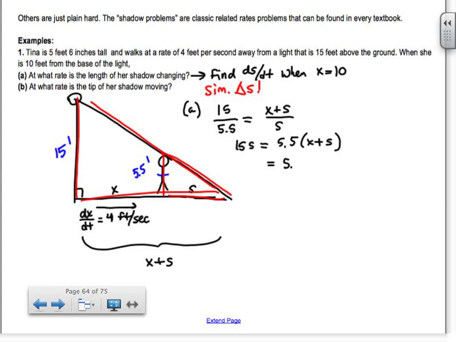So 15s equals 5.5 times x plus s. I know my s's look like 5s, so I'll try my best. Okay, get all the s's on one side, and take the derivative. So 9.5 ds over dt equals 5.5 dx over dt.